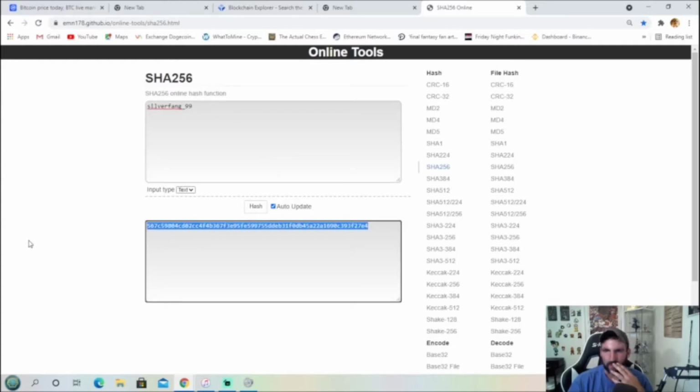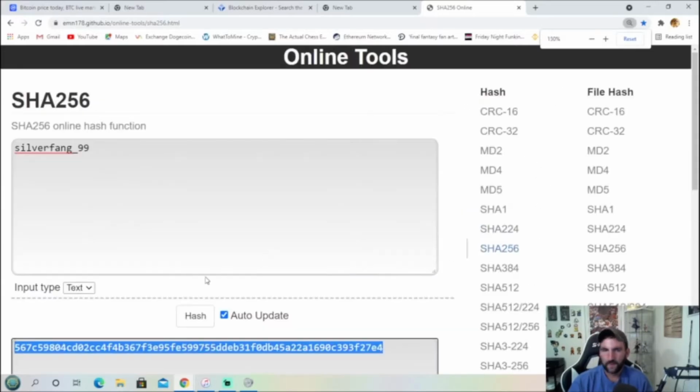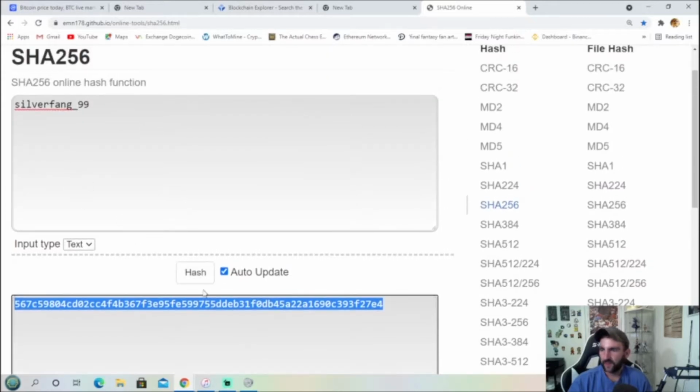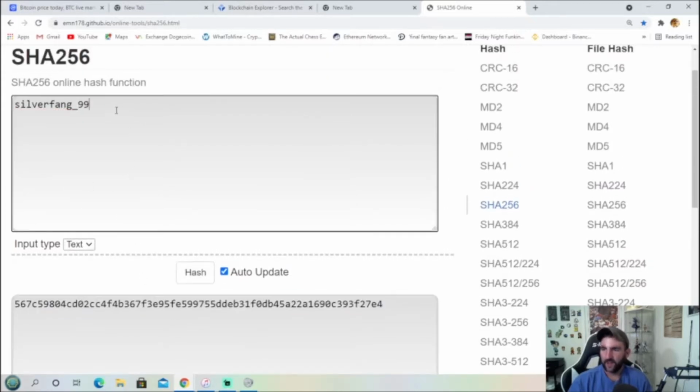I don't know if you can read that. Can I zoom in? There we go. Yeah, so it's a big long string in hexadecimal there. That's some useful information.